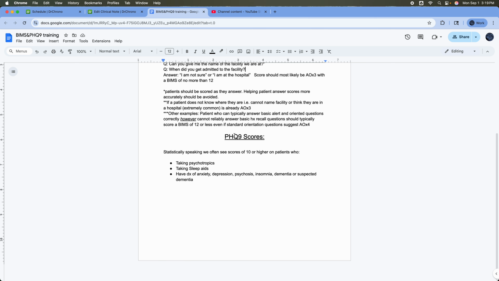The second component is the PHQ-2 to 9. We already covered a lot of the charting that goes along with that, how to chart it, but here are some tidbits of information on the PHQ-2 to 9 scoring. We also see a lot of patients on one, two, three, maybe even four psychotropics, and they're not getting a PHQ-9 score of 10 or higher.